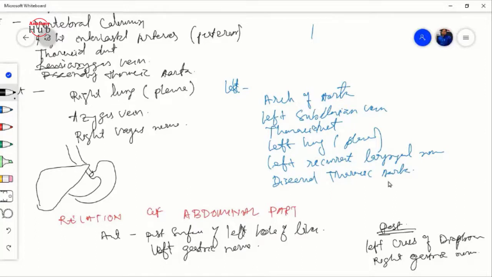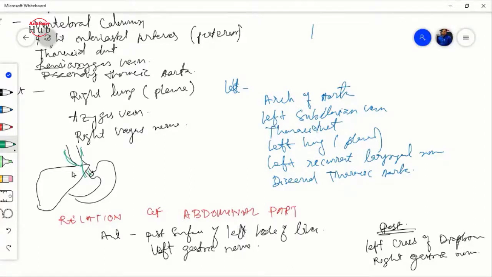Okay, because the vagus nerve, when it comes down, the left one is going anteriorly, and the right one is going posterior to the esophagus, right? So that's why anterior relation will be the left vagus and posterior relation will be the right vagus. Okay.